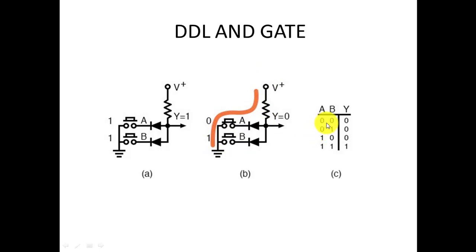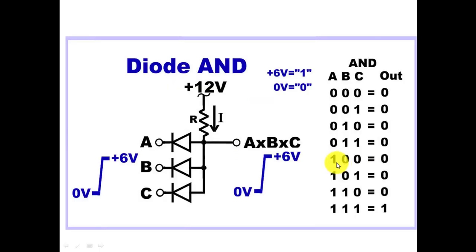You can see that whenever 0 appears in the input combination, the output will be 0. The only possibility for the current to flow through this output terminal is that both of these terminals are at logic high. So as A and B are at logic high, 1 and 1, the output will be 1. The same truth table can be verified with the 3 input AND gate.